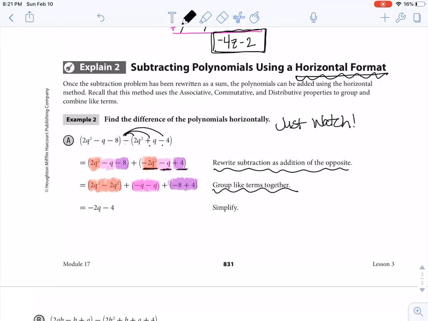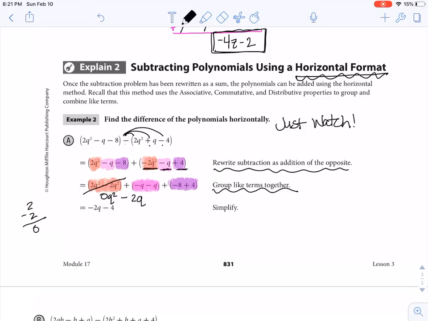And I'm going to go ahead and just horizontally combine like terms. So I have 2q squared minus 2q squared. Well, we know that 2 minus 2 is going to give us 0. And so we get a 0q squared. So I can even write that. So I have 0q squared, plus, well, I have a negative q minus q. And so I'm actually not going to do plus q, I'm going to do minus 2q.